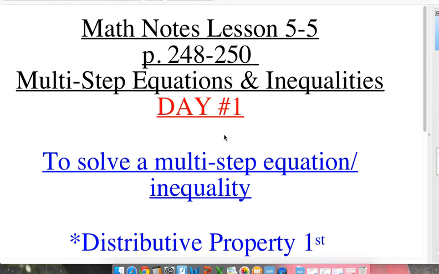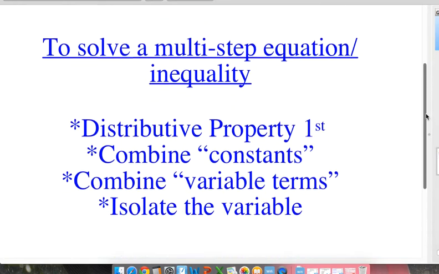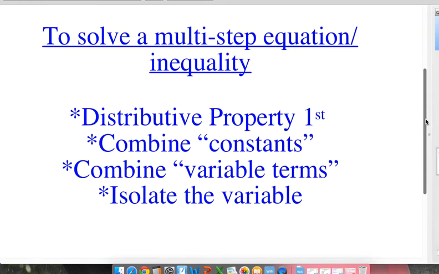So on this screen in blue, I have for you the steps for how to solve a multi-step equation or inequality. First, if you notice that the distributive property is part of the problem, you need to distribute first. Then I would suggest that you get your constant terms together.